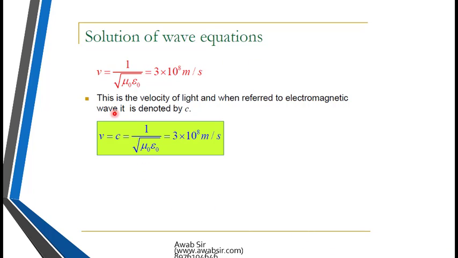It means that the electromagnetic wave travels with the speed of light. So this is the velocity of light, 3 into 10 raised to 8 meter per second. The electromagnetic wave travels with the velocity of light, and it is also denoted by the letter small c.